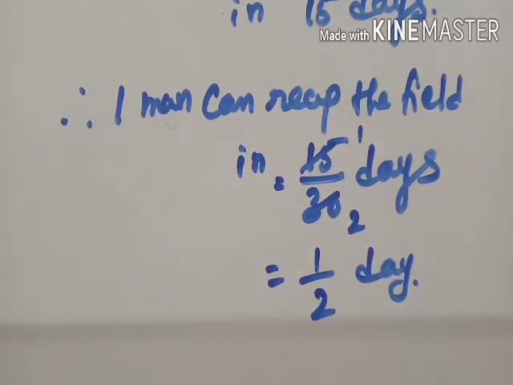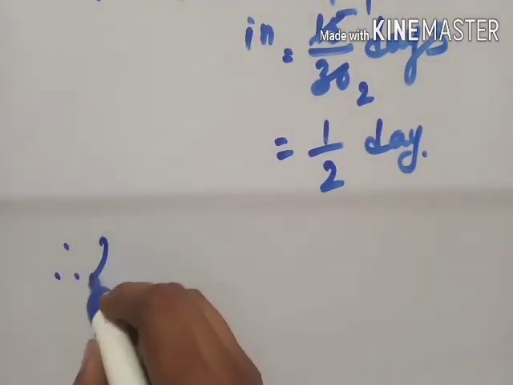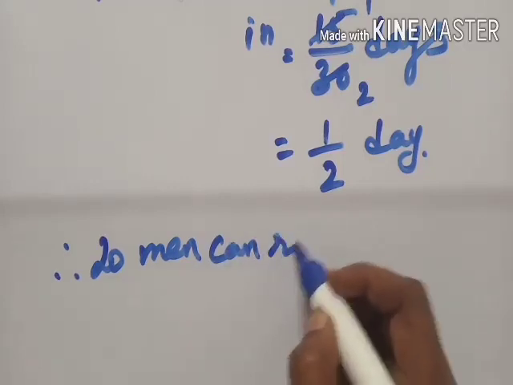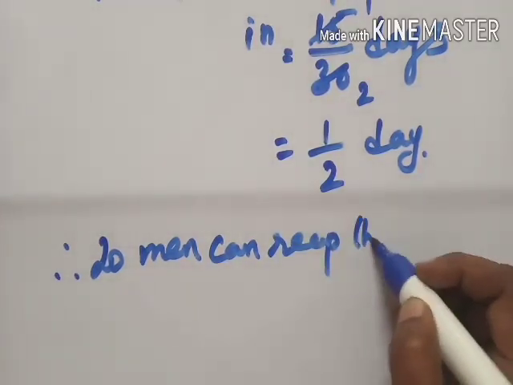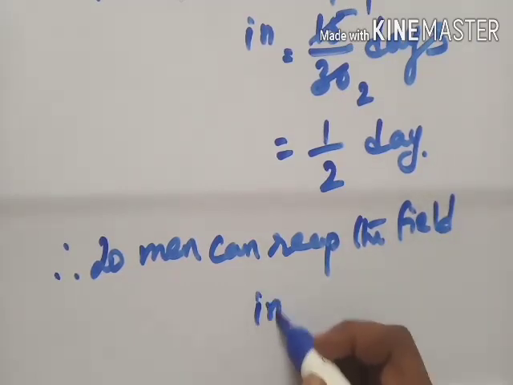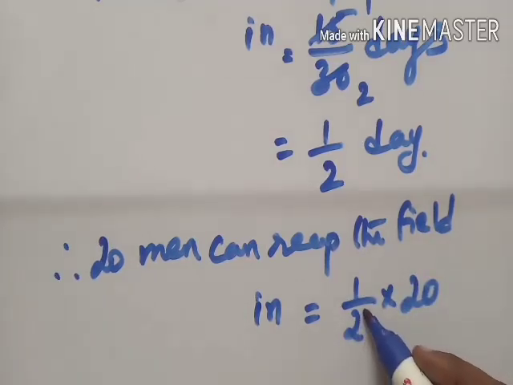Now, how to find out for 20 men? Therefore, 20 men can reap the field in how many days? Half into 20. So, do the cancellation. 1, 2 is 2.